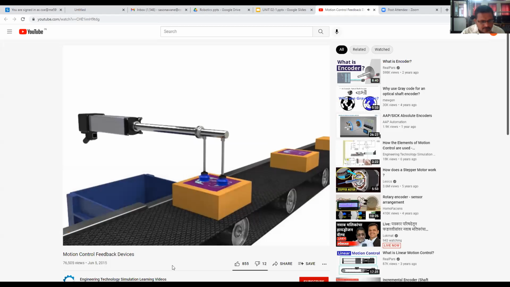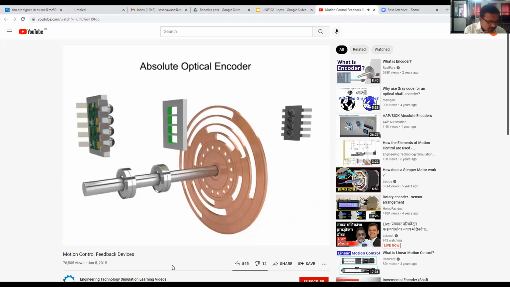Absolute encoders are used in many applications that require speed, position, angular displacement, and directional feedback. An encoder is a device that converts linear or rotary movement into digital or pulse signals. The most common type of feedback device is the absolute optical encoder.